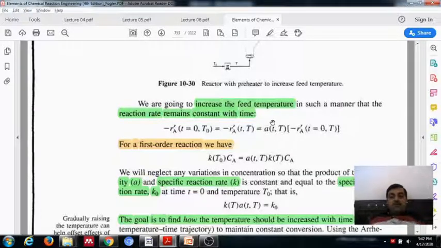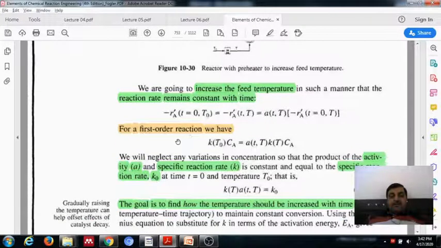So for here now we are considering the first order reaction. So this side becomes K at T0 into Ca, and this becomes A of T into minus Ra is again K at temperature T into Ca. And we will neglect any of the variations in the concentration.